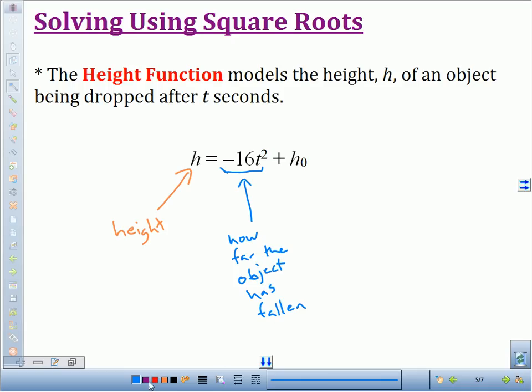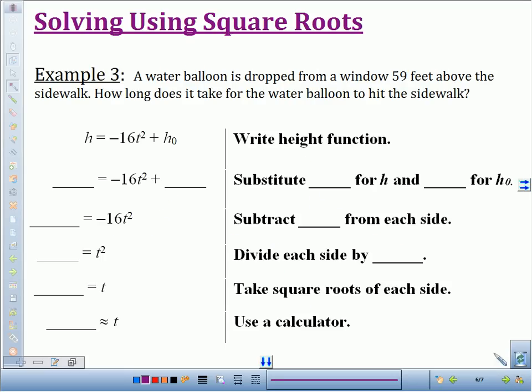And the last part is this h sub 0 here, this h with the little 0 after it, and that is the starting height of the object. So we have the height that we ended up with, the starting height, the initial height of the object, and then we have negative 16t squared, which tells us how far the object has actually fallen since we started dropping it. So let's use this function to solve a problem.